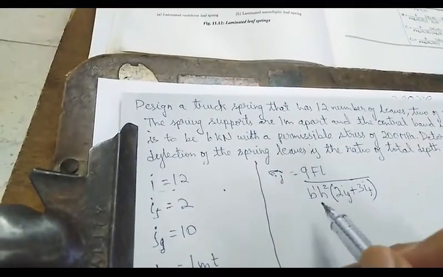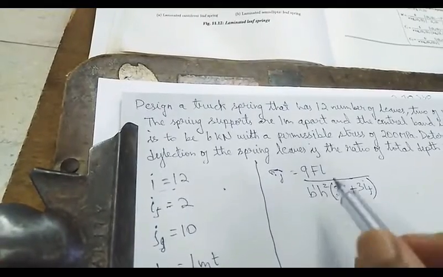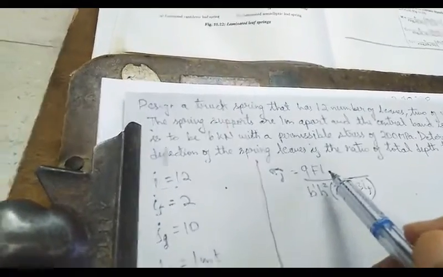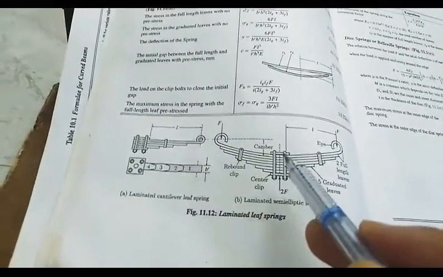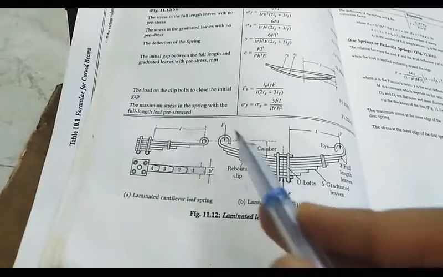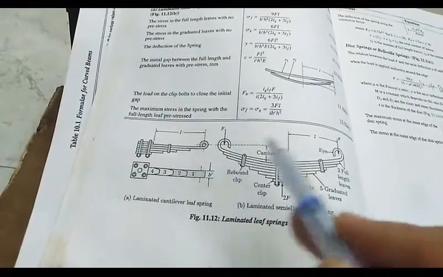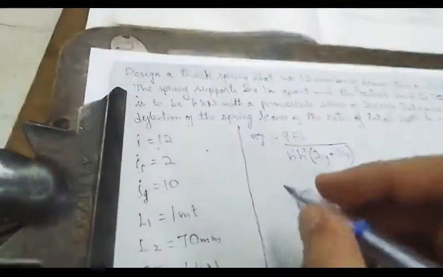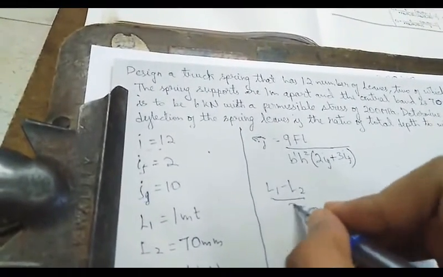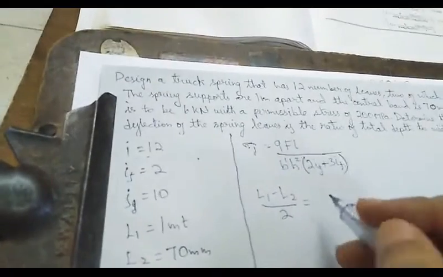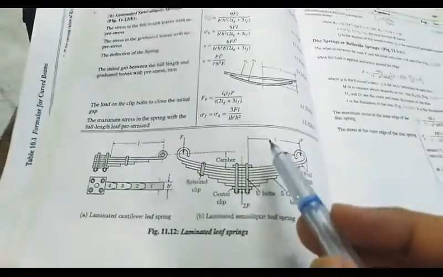Before proceeding we need to find the value of L. They have given L1 and L2, so we shall find L. This is L2 and this is L1. We take L1 minus L2 divided by 2, because we need only the length on one side.